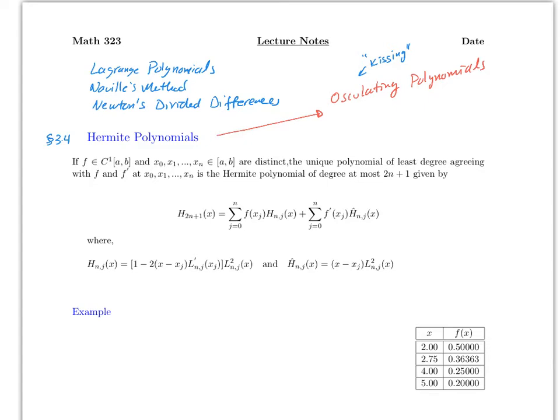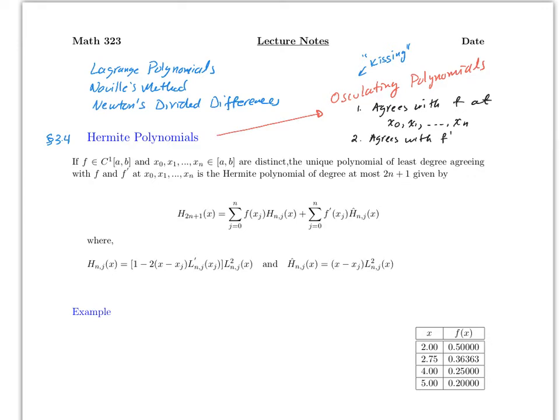The first is not new: the polynomial agrees with f at the points x0, x1, all the way to xn. So this is not new. This was the condition required in the previous methods. The second condition is what makes this different: the osculating polynomials also agree with f prime.